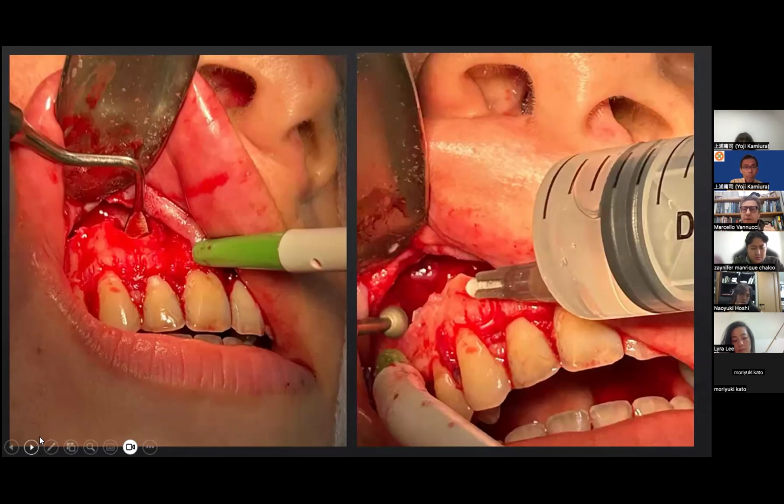So if you go back to the tomographic view, we see we have very, very good bone here. So we must understand that when you put biomaterial inside different kinds of cavities, microvascularization is the most important. So we must gain microvascularization from this part, from the upper side, and from the palatine side too.